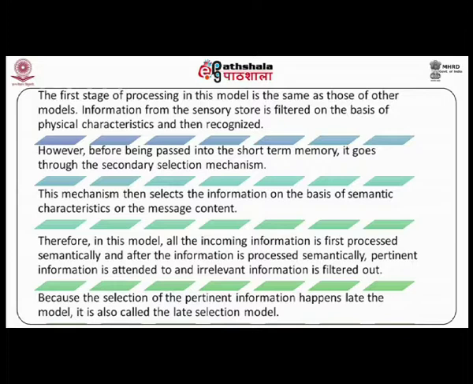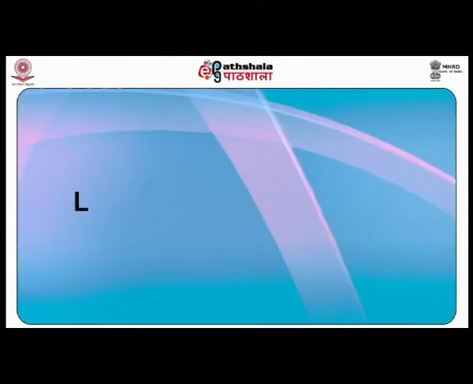Therefore, in this model, all the incoming information is first processed semantically, and after that, pertinent information is attended to and irrelevant information is filtered out. Because the selection of the pertinent information happens late in the model, it is also called the late selection model.